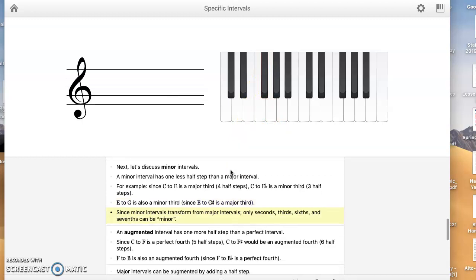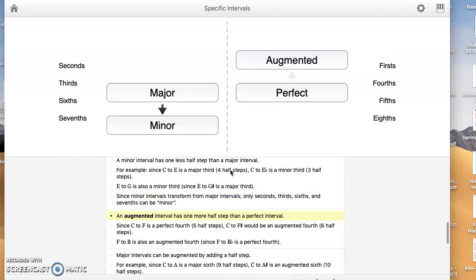Since minor intervals transform from major intervals, only seconds, thirds, sixths, and sevenths can be minor. So you can't have a minor fourth, a minor fifth, or a minor octave. You will never, ever see those intervals.